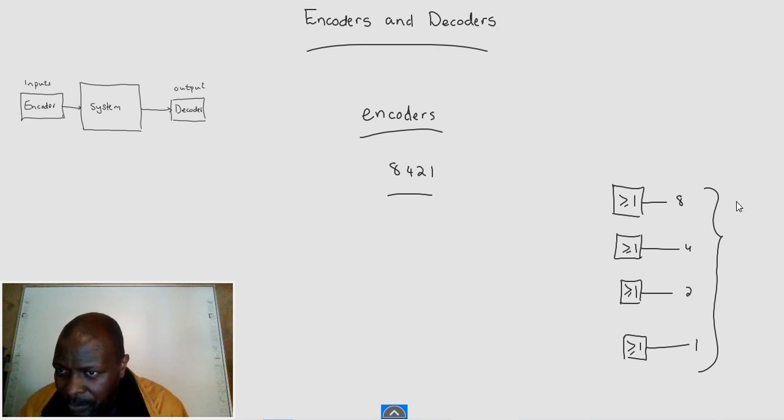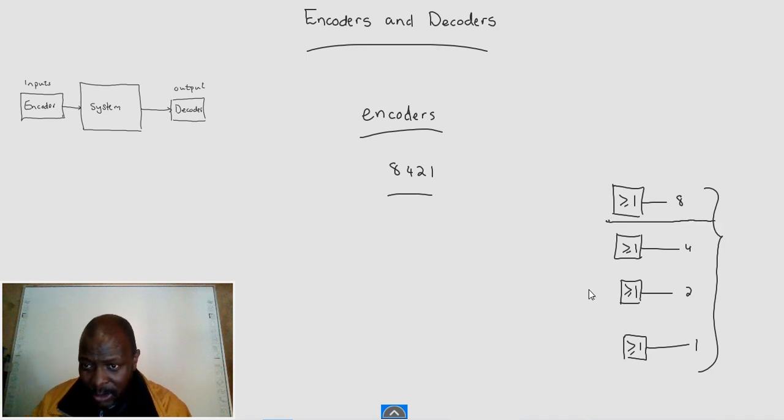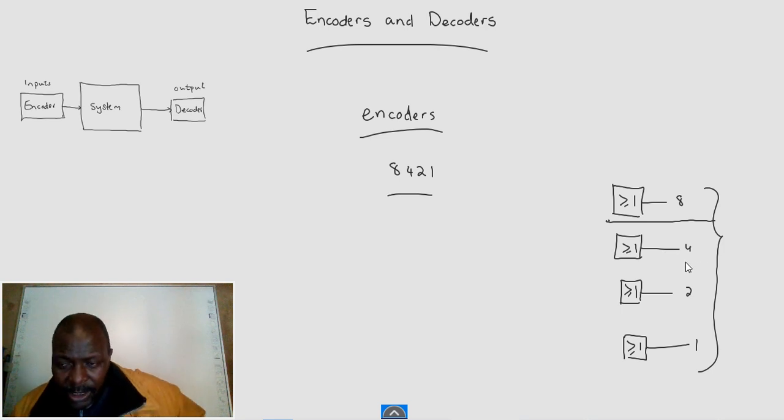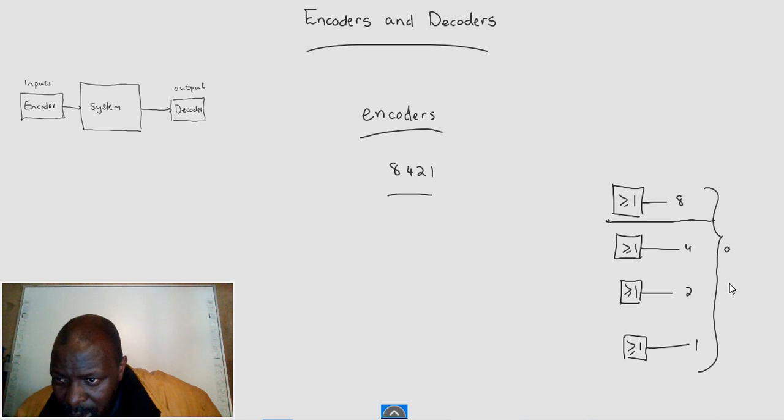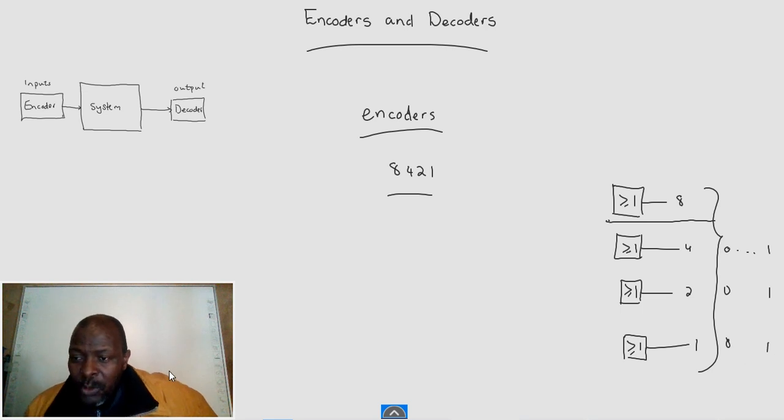All right, however, this can be cut, and we could have a 3-bit decoder. In this case, the count is from 0, 0, 0 all the way up to 1, 1, 1, which is 7. It means our inputs can only run from 0 to 7.